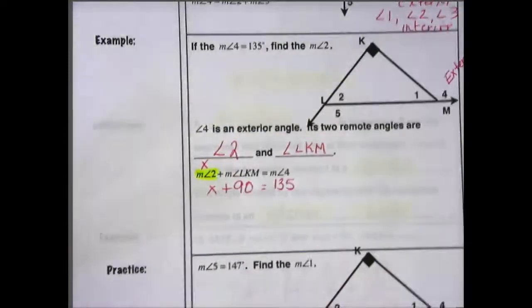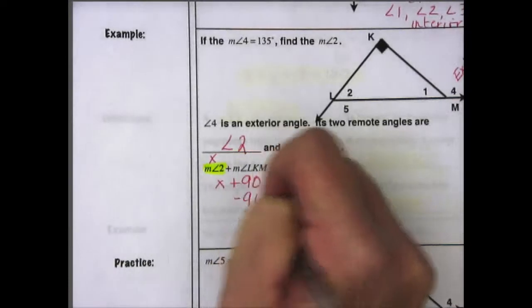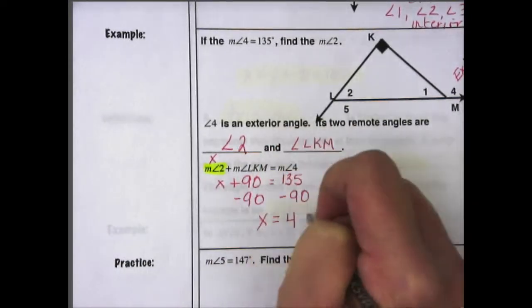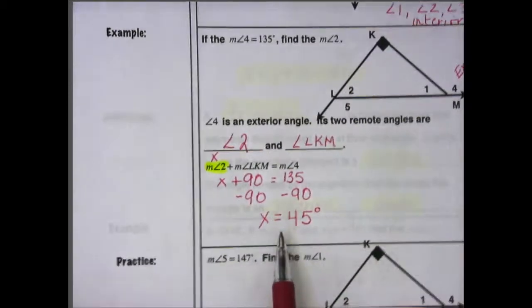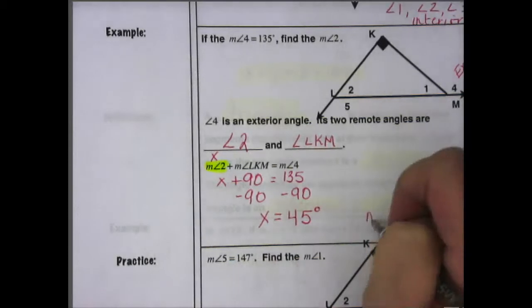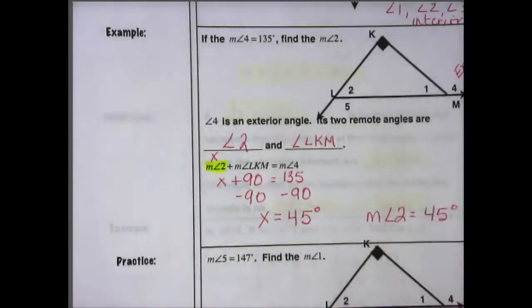So x plus 90 equals 135. So all of a sudden we have an equation that we can now easily solve. We can subtract 90 from both sides, and we get x equals 45 degrees. So now we know that the measure of angle 2 equals 45 degrees.